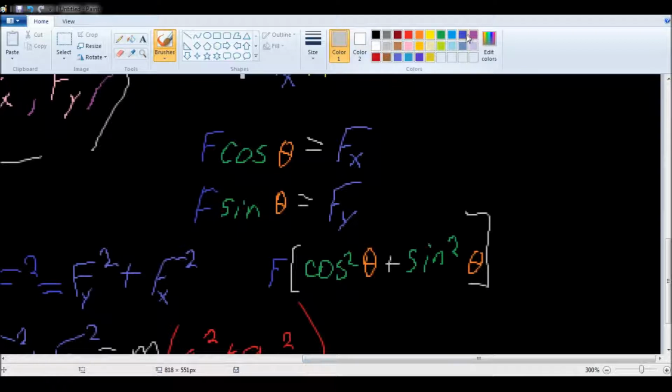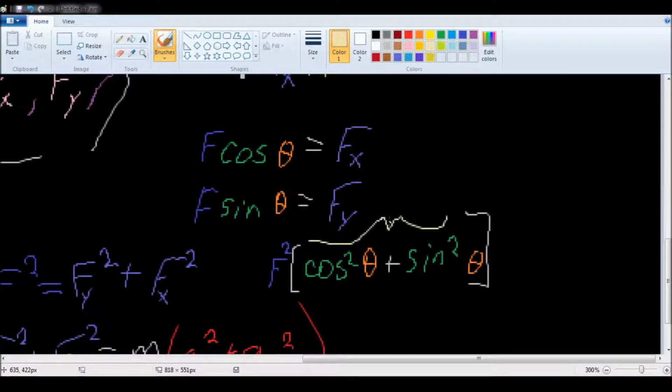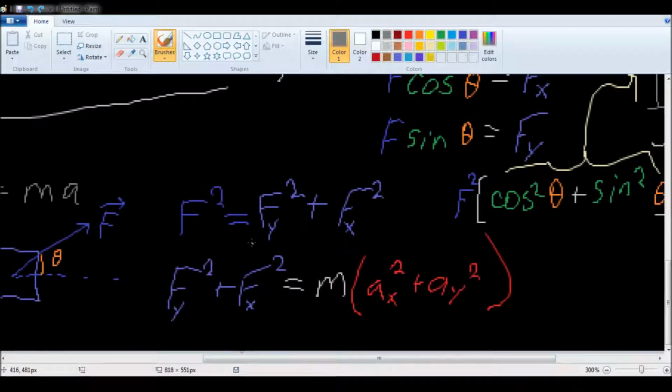And I'm sorry, this is going to be an f squared. So you're going to get this, but if you know the trig identity, you'll know that this is equal to 1, which brings us back to this.